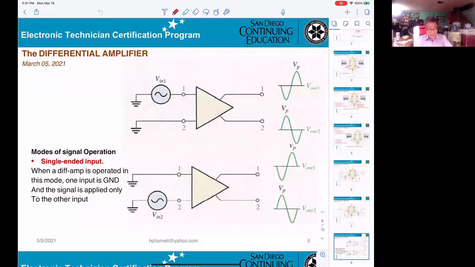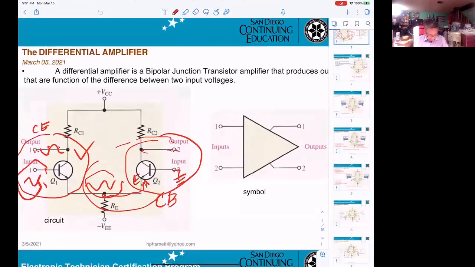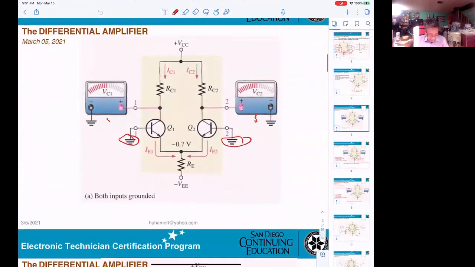Okay, last time we already talked about the differential amplifier. Quickly go through it, okay? You can see on this picture here, if you get both inputs routed at 0, then the output will be the same, okay?